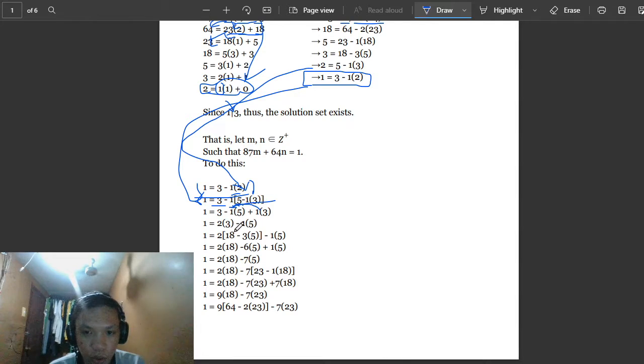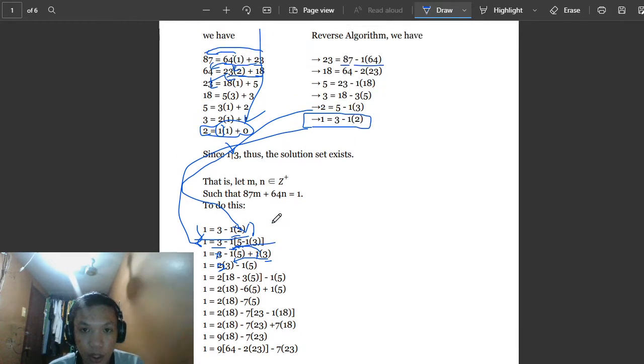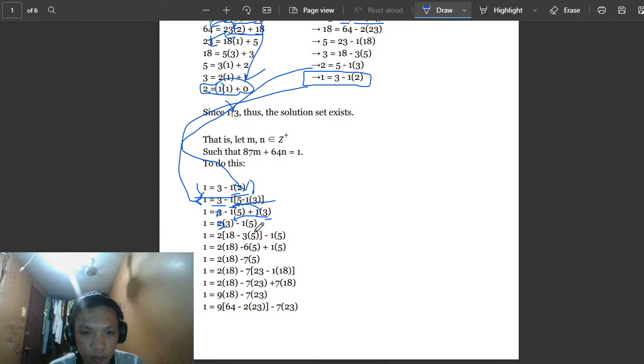The coefficient of 1 should be here. So 2 times 3 minus 1 times 5. Then the 3 again, replace the 3 here. Then copy the 18, then copy the 1 and 5, put them here, and solve.